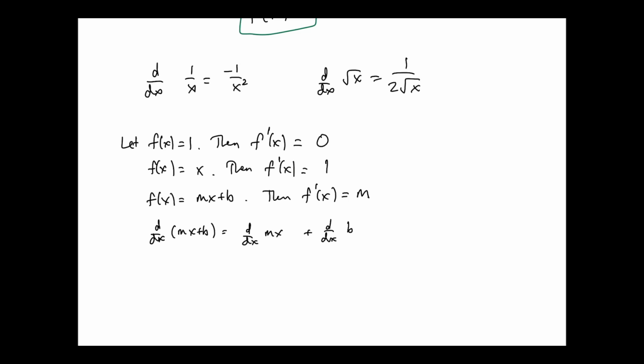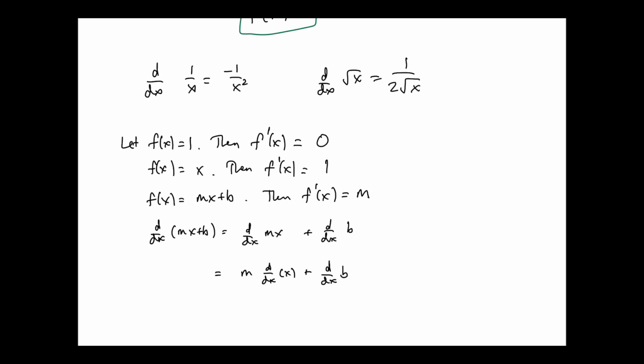Now, what's the derivative of mx? M, and we can even go further to say that it's this. If we have a constant out front, if I were to graph x versus mx, what does the m do to the graph?